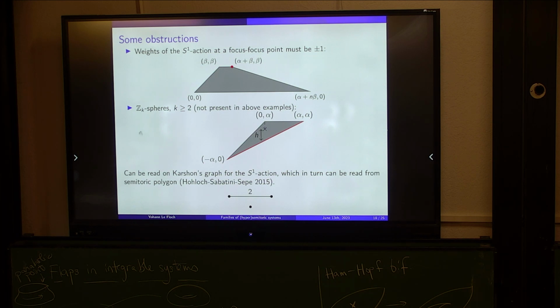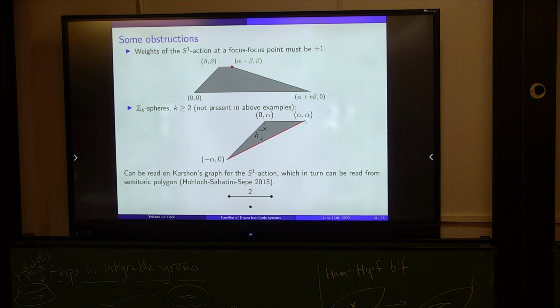And correspondingly, in the semitoric polygon, it also has to lie on the boundary. Okay? So now, what's going on? If we start with this polygon, here there's a Z2 sphere. Why? Again, because the K in the ZK can be read on the polygon.